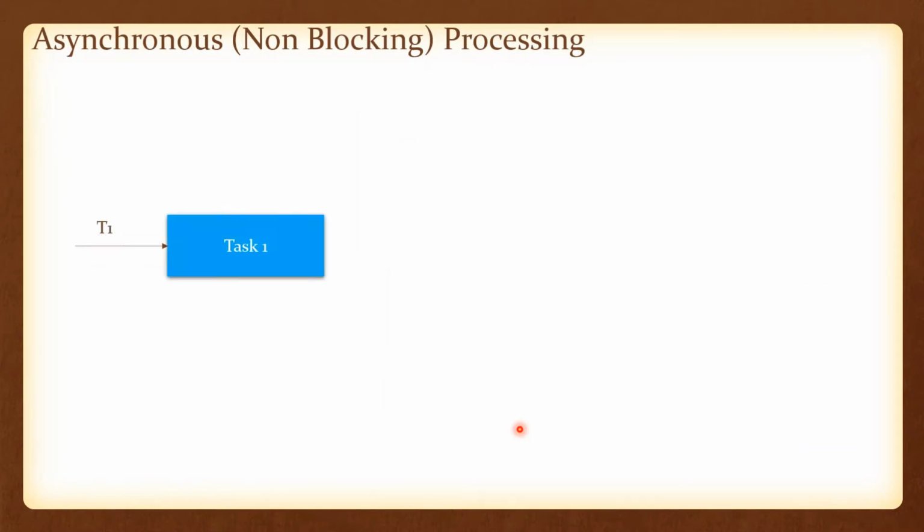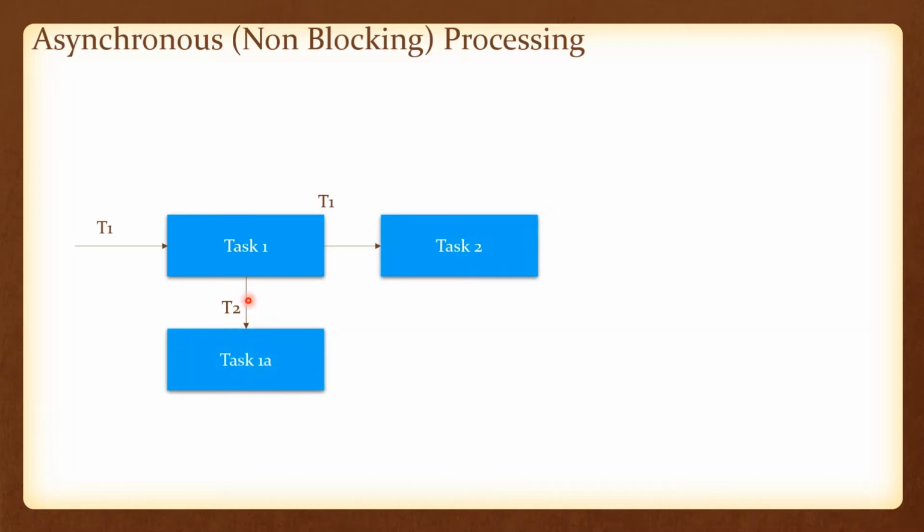We have thread T1 which is starting a task 1. Then we have 2 different threads. T1 is already present. We have a thread T2 which will do a task called 1A, and task 2 doesn't require the output of 1A, so thread T1 is not blocked.